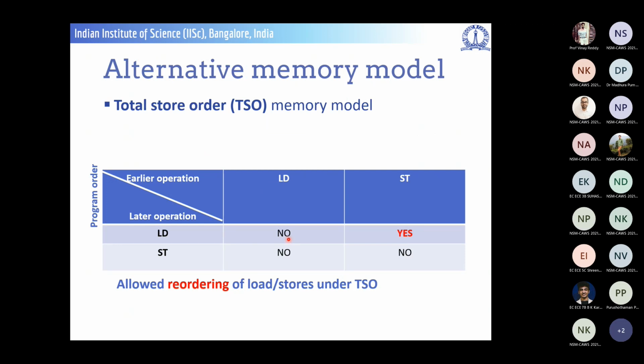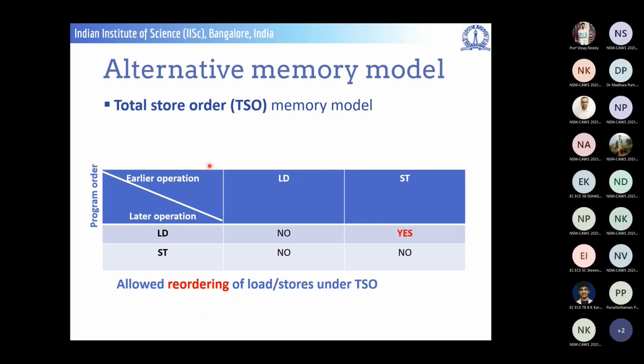Remember that for sequential consistency, the table we had told us which loads and stores to different addresses can be reordered, and there was no reordering allowed.